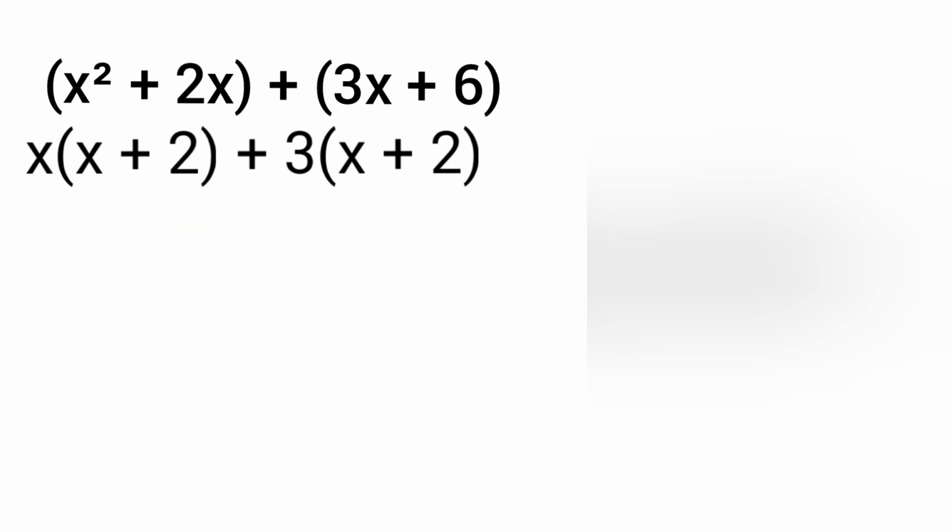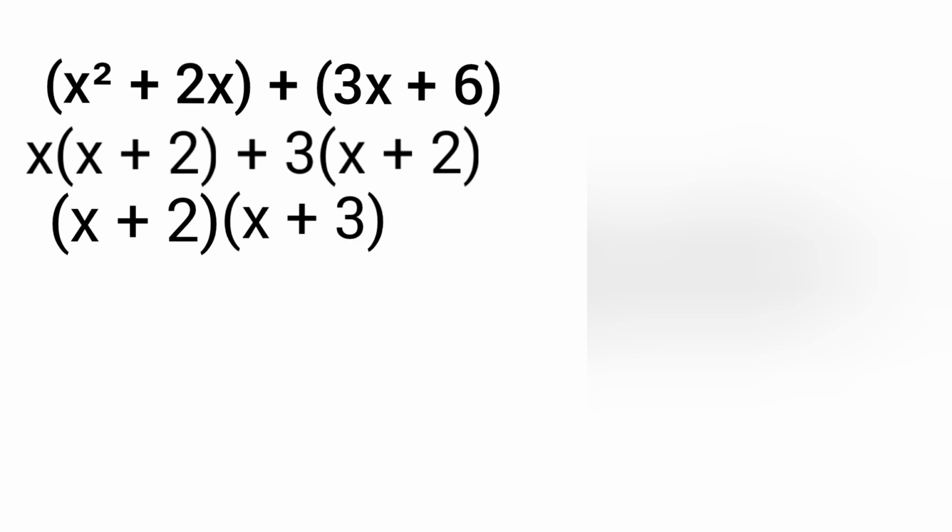So we are going to pick one of those expressions. Then the one outside the expressions, that is the x plus 3, will be put together in one bracket. So your final answer is x plus 2, x plus 3. This is the answer to factorizing trinomials.